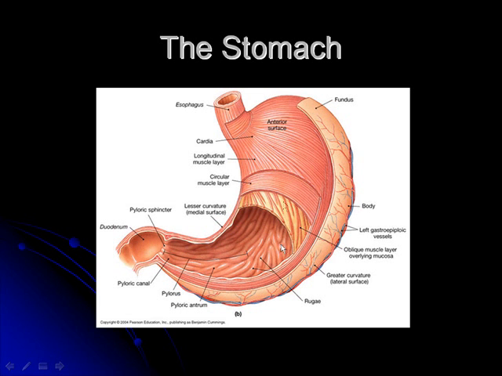Also, you should be familiar with some of the structural features of the stomach, including the rugae, the cardia, the longitudinal muscle layers, and the circular muscle layers of the stomach as well. As you can see, there is a brisk blood supply to the stomach, provided by the left gastroepiploic vessels.